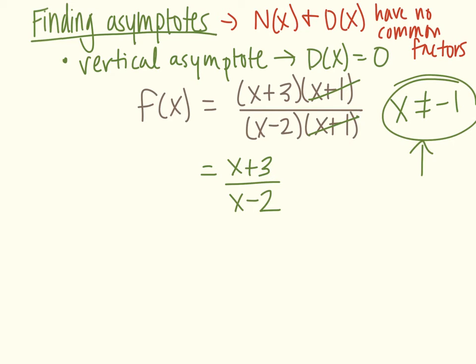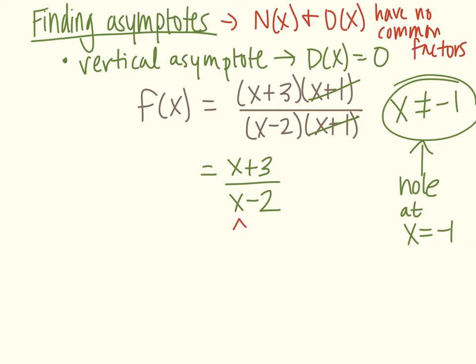What that does is it creates a hole at x equals -1. So you might have talked about this in Algebra 2, but this is just a reminder. Factor everything first. If you have two factors cross off, that creates a hole. Anything that doesn't cross off is going to create a vertical asymptote.